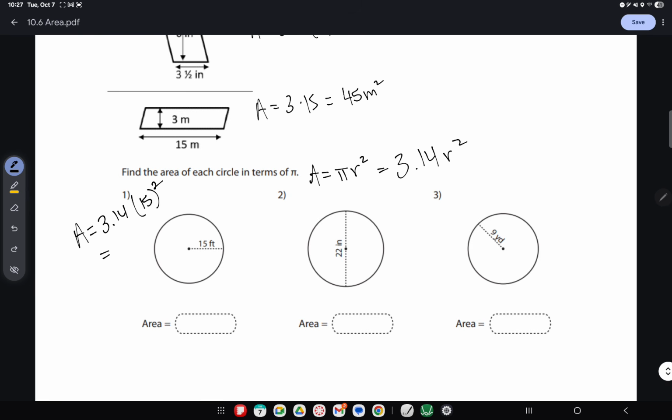So what that means is 3.14 times 15 times 15, because squaring means you multiply it twice. So 3.14 times 15 times 15 gives me 706.5 feet squared.